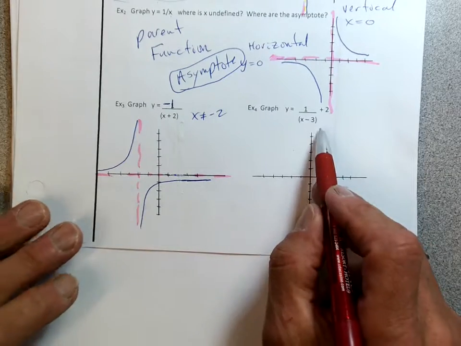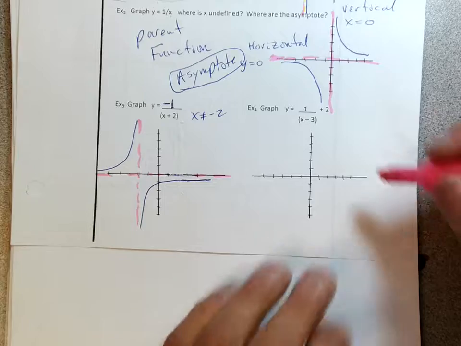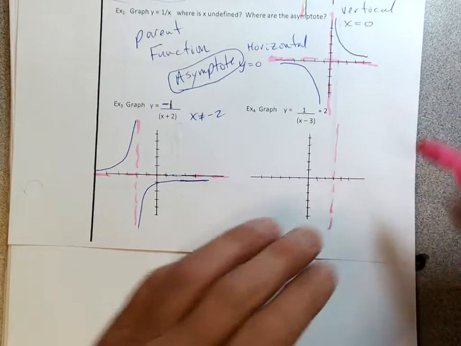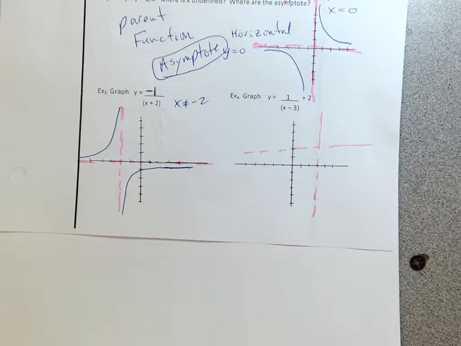Okay, how about this one? I'm going to put my asymptotes at +3, +2. Oh, that's really sad looking. So what I did, I took my parent function and I moved it +3 and up 2. So I'm going to take this graph and put it here. I just moved it to +3, opposite, right?